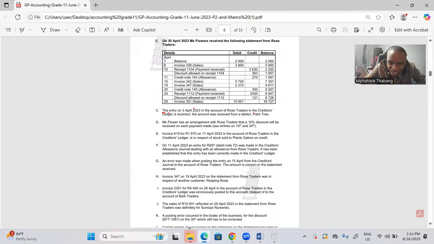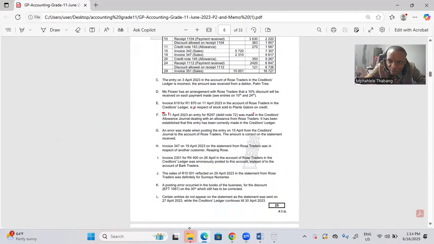So the owner has an arrangement with Rose Trader. Don't forget who Rose Trader is. Rose Trader is the supplier. We buy goods on credit from Rose Traders. And Miss Flower has an arrangement with Rose Trader that a 10% discount will be received on each payment made.